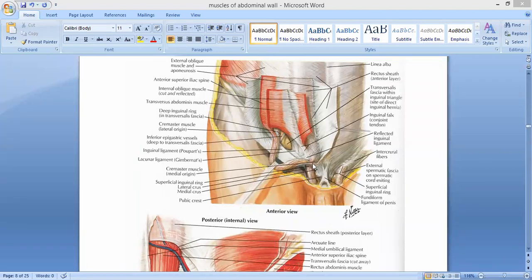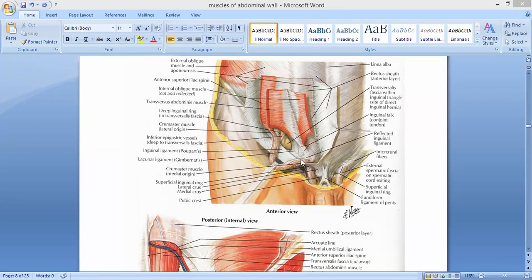It is an oblique passage present in the lower part of the anterior abdominal wall, just above the medial end of the inguinal ligament. And its length is about 4 centimeters, about 1.5 inches.